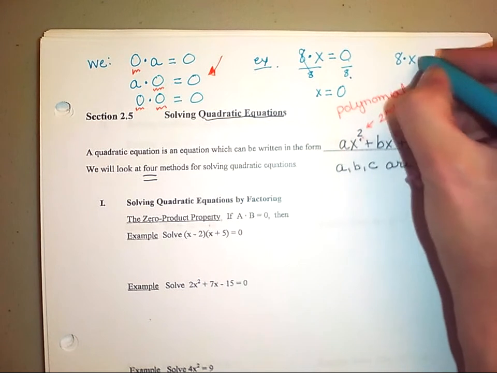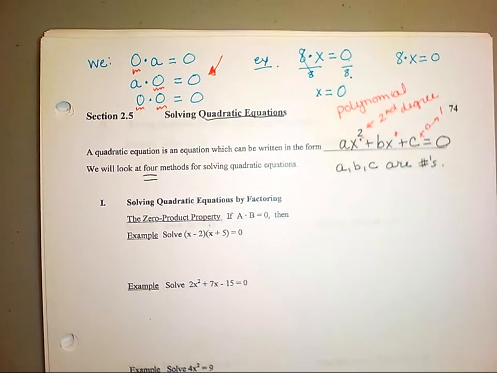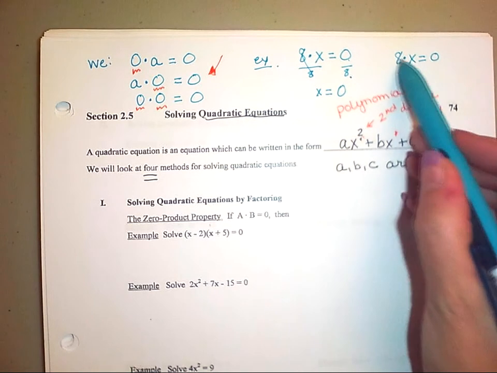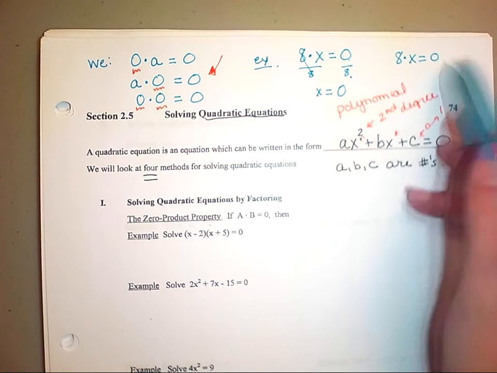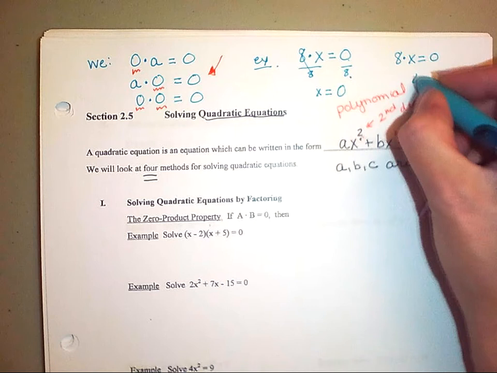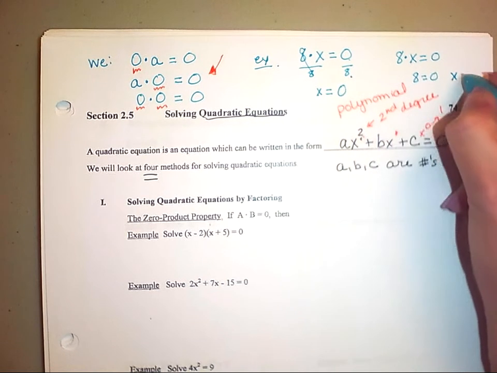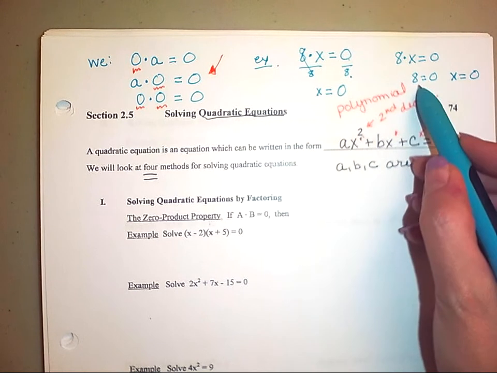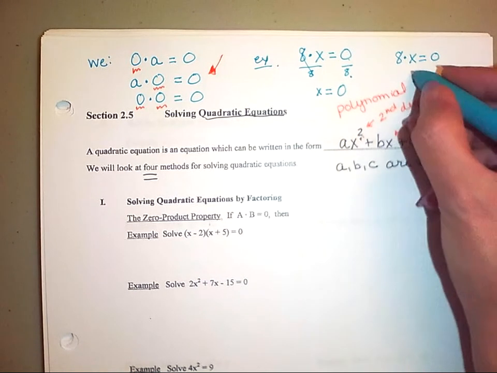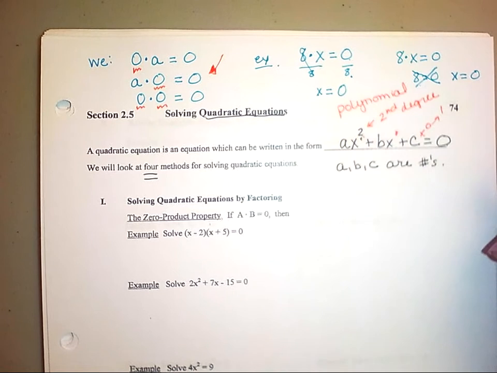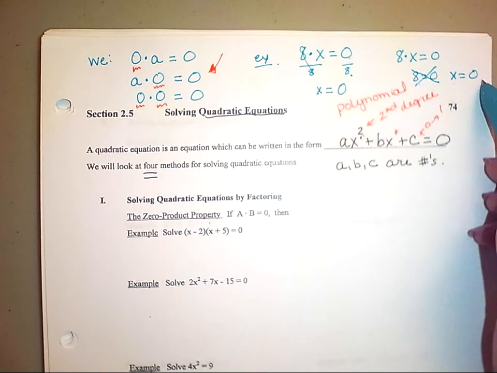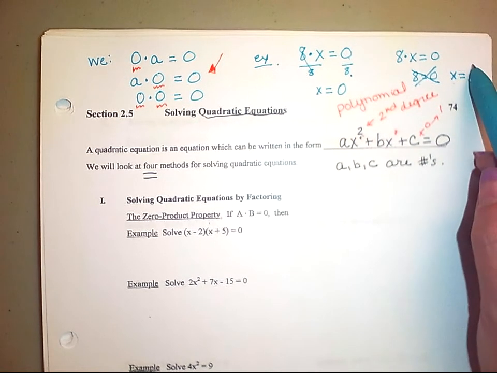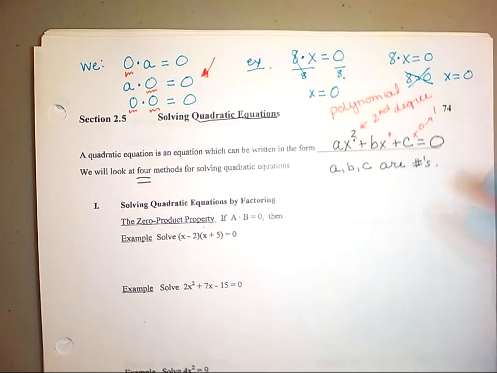Alternatively, we can think about it in terms of the zero product property. If two things are being multiplied together that are 0, then either the first is equal to 0 or the second equals 0. Now this is clearly a non-true statement. 8 does not equal 0. So the only option we have here is that x is equal to 0, using the zero product property.